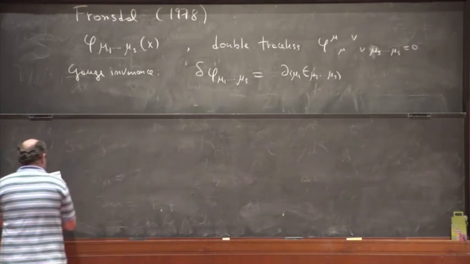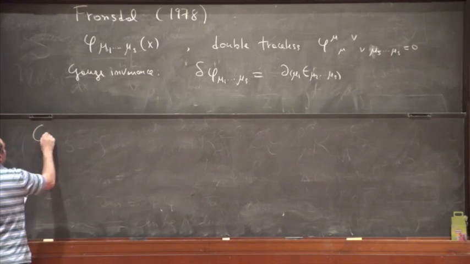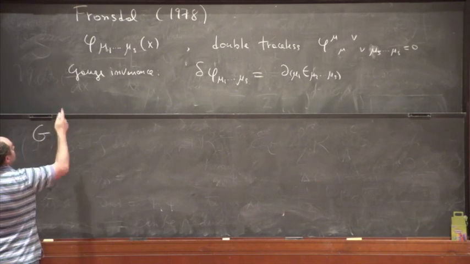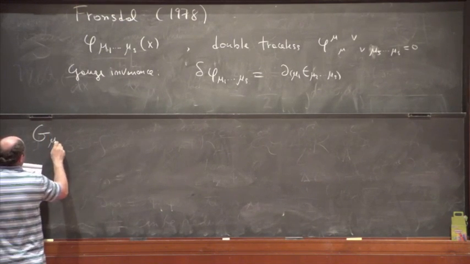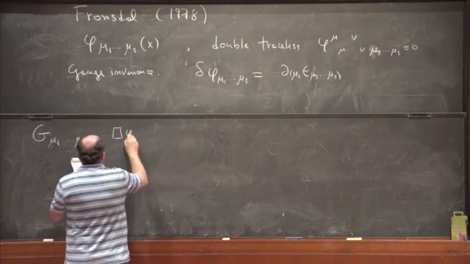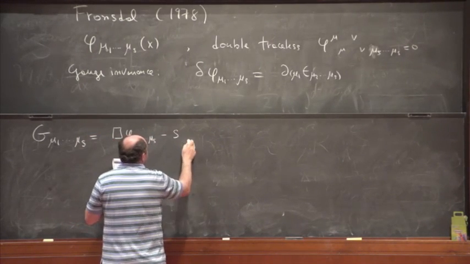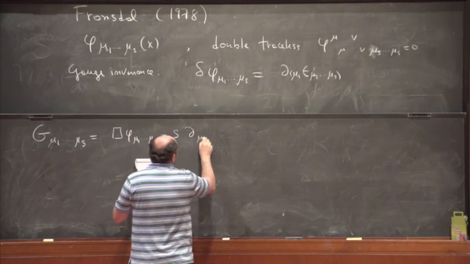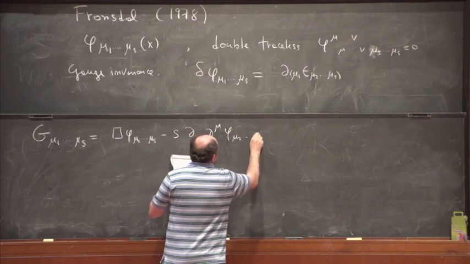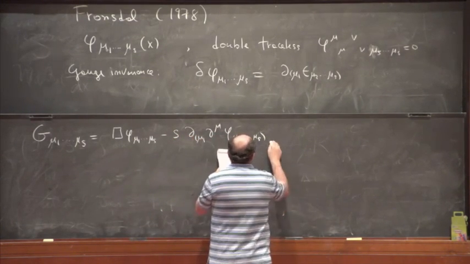Then the gauge invariant equation of motion found by Fronsdal takes the following form. So we define this tensor G, which is a generalization of the linearized Einstein tensor. Box minus S. So I'm just going to write down this in completeness, even though it may be a little painful, but at least for free fields you should see what the wave equation looks like for higher spin fields.